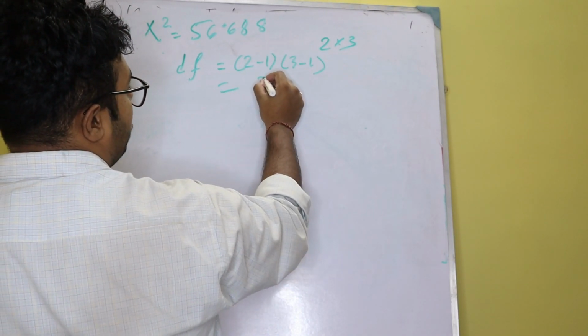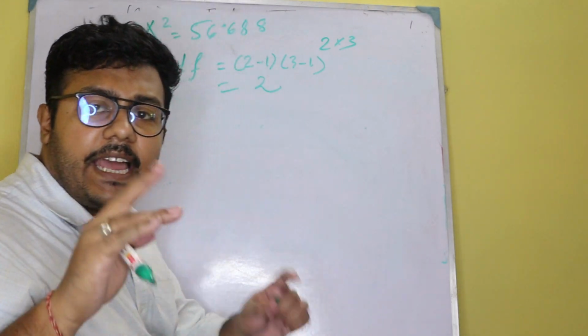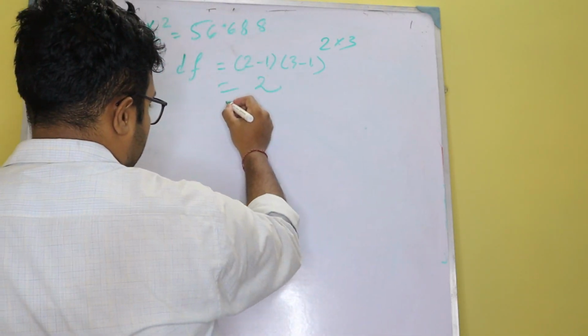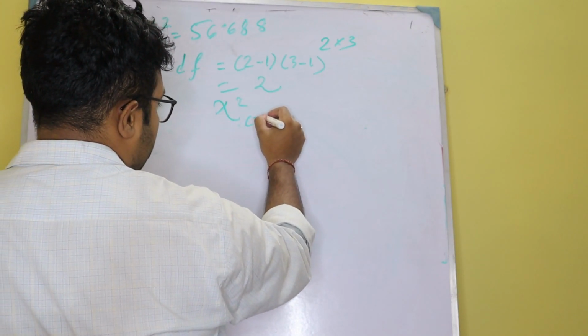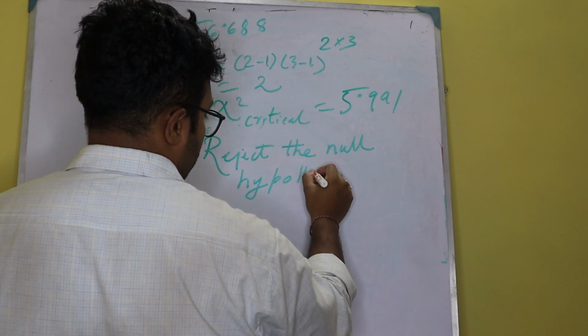What we will get? We will get 2. Now for 5% level of significance and 2 degrees of freedom, what will we get? Chi-square critical value.